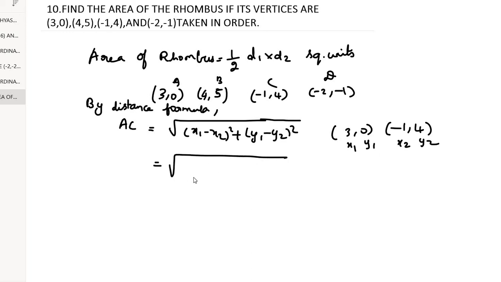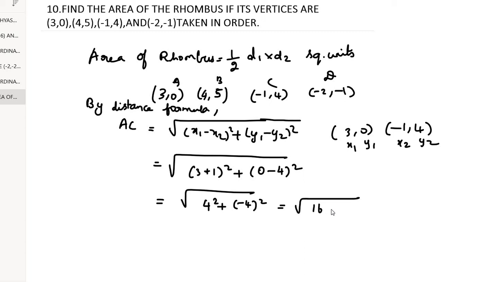When I substitute, what I'll get? 3 minus of minus 1 is plus 1, so 4 whole square, plus y1 is 0 and y2 is 4, so minus 4 whole square. That is 16 plus 16. I'm getting square root of 32. This I can write as 4 root 2 units.